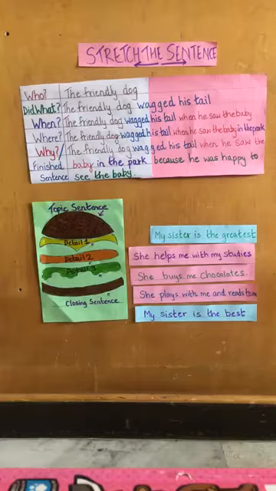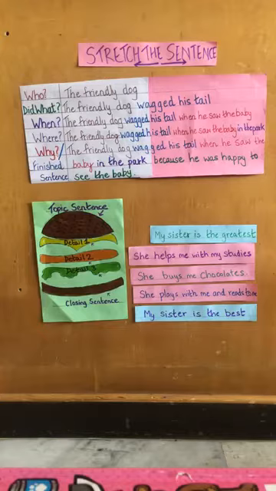In case the child is younger or is not able to do so many questions, just pick up a few like who, what, when. Do two at a time. You don't have to do all of them together. The sentence can even end at the friendly dog wagged his tail, full stop. The friendly dog wagged his tail when he saw the baby. So take it further only when you know that your child is able to understand and stretch the sentence.